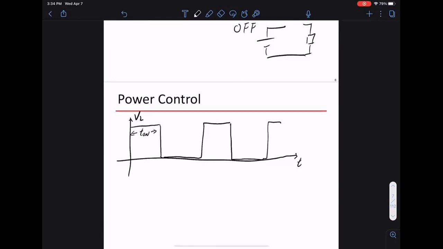Here you're turned on, so this on time is called T on. Here we're turned off, so this is T off. And we have a period called tau. Over the period, some part is on, some part is off, so T on plus T off equals tau. Any questions so far about the terminology on, off, and tau?